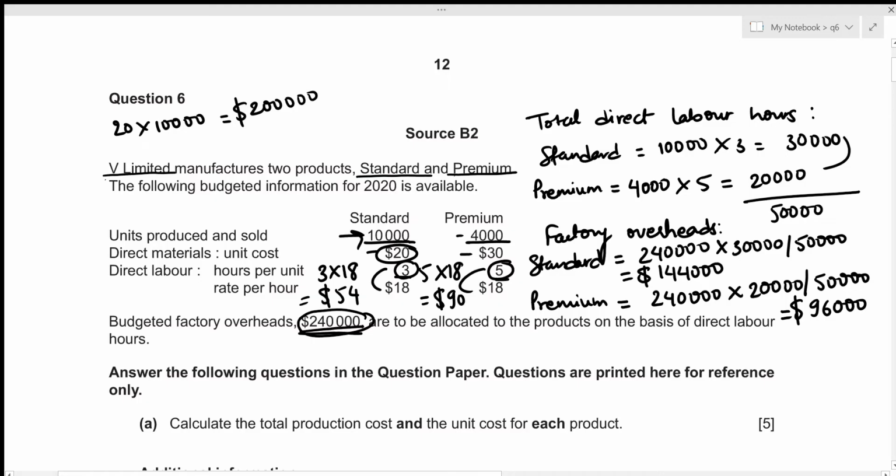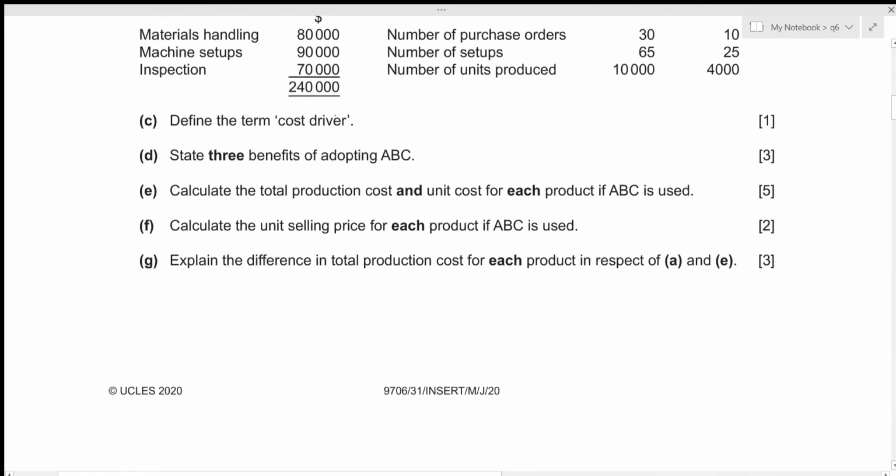We know that the direct materials unit cost is 30, whereas we are producing total units of 4,000. That's going to be 30 times 4,000, which results in the total direct materials cost for premium to be 120,000. Let's substitute these two values into our statement to figure out the total production cost.